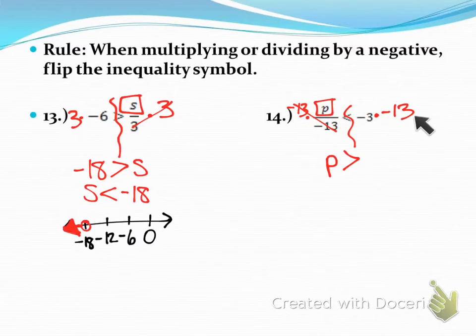Over here I've got negative 3 times negative 13. A positive 39. All right, we're ready to graph it. Our variable's on the left, so we don't have to worry about flipping it around again. I've got a positive number, so I'm going to put 0 towards the left side of my number line.